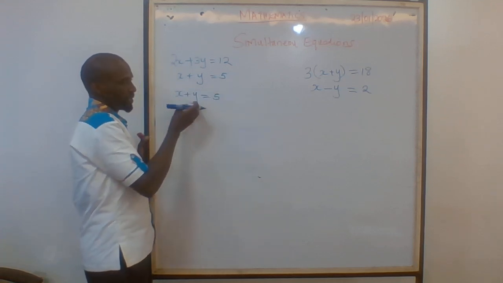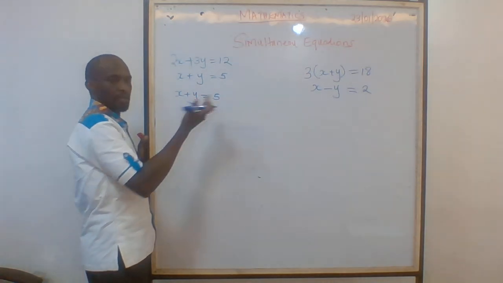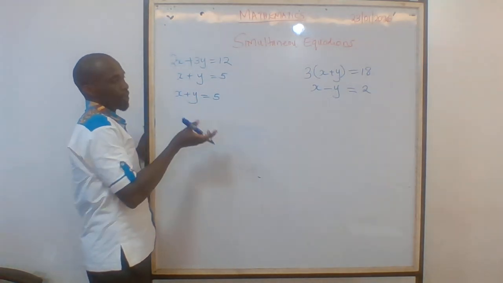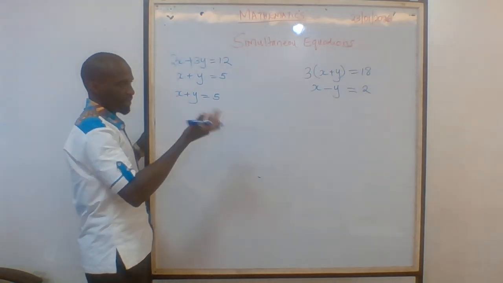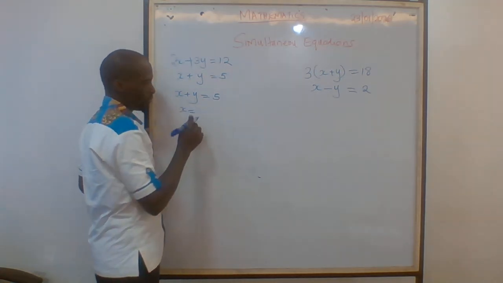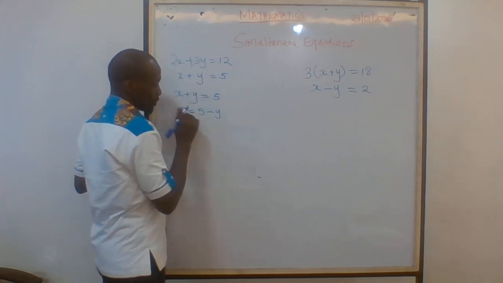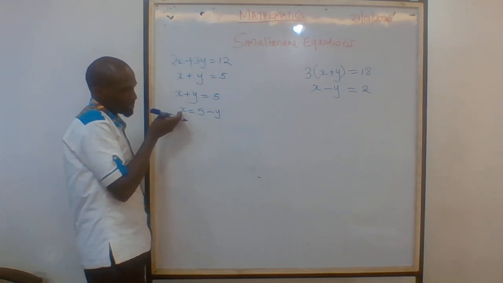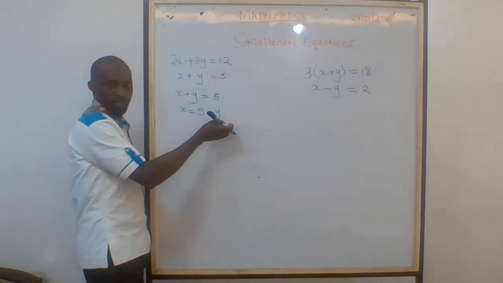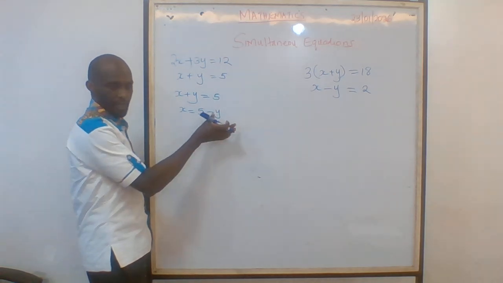We can make x the subject so that we substitute our x with the value in terms of y. So our x, to be the subject of the formula, we take this y to the other side, so we shall have 5 minus y. In simple terms, our x is 5 minus y. So where we have x, we're going to have 5 minus y.